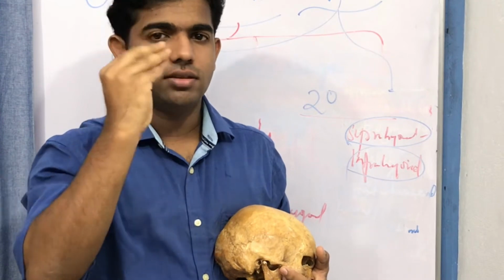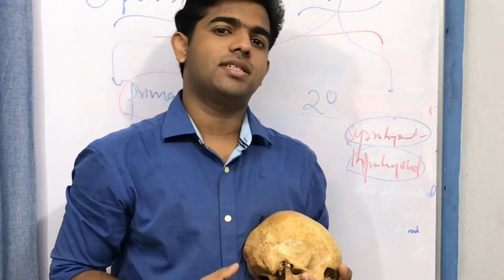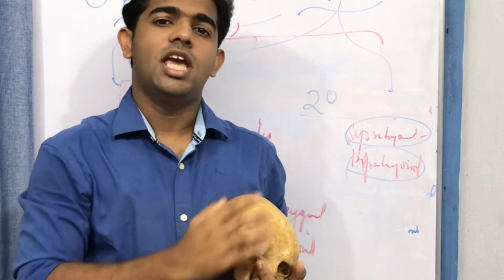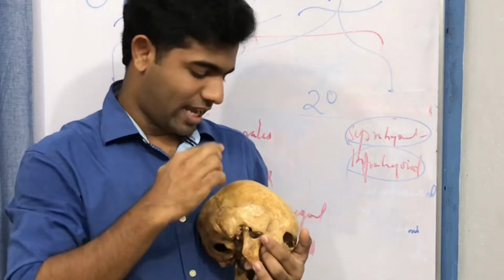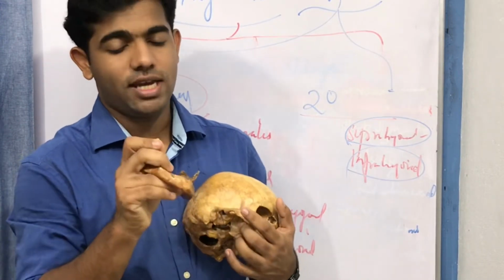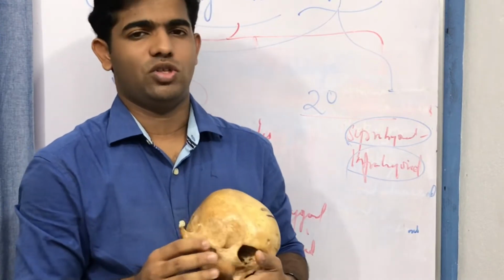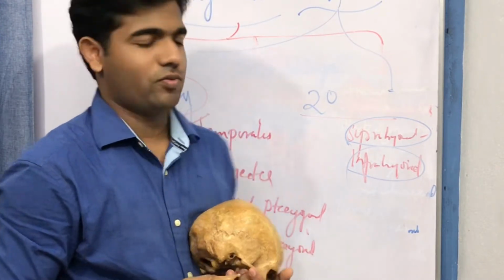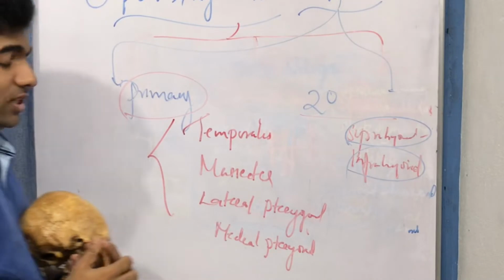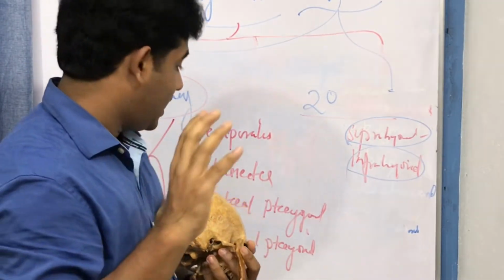You can feel that this is just expanding this temporalis muscle. So the temporalis muscle is a very large muscle, a fan-shaped muscle, which is attached from the cranium and into the coronoid process of the mandible, and sometimes into the ramus of the mandible, which is not much important, right? Yes. And the function of this muscle we will see later, so that we have a complete discussion on that.